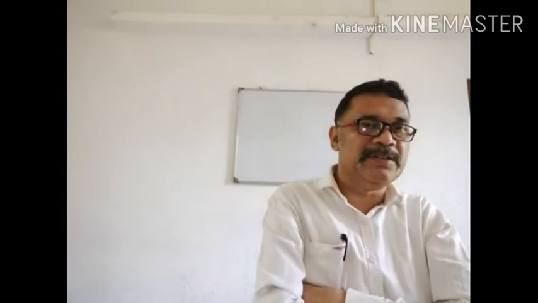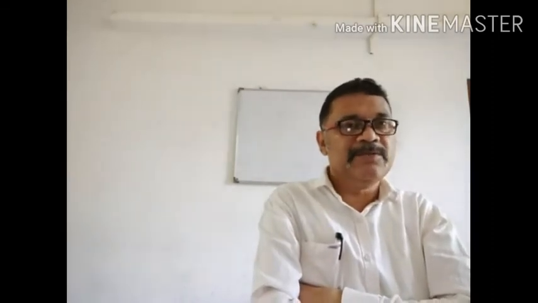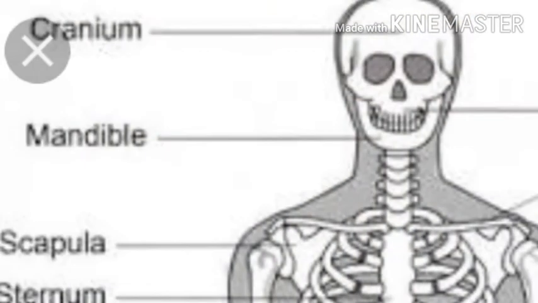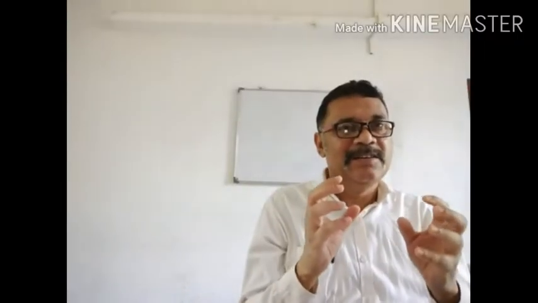And already I have told that the main function of the skull is to protect the delicate organ. Actually, within the skull, one brain box is there, that is called cranium or brain box. Within the brain box, brain is kept, just like your parents keep gold in the locker or in the vault of a bank.